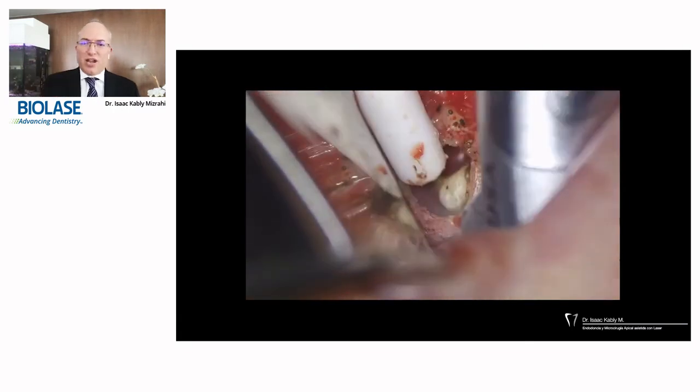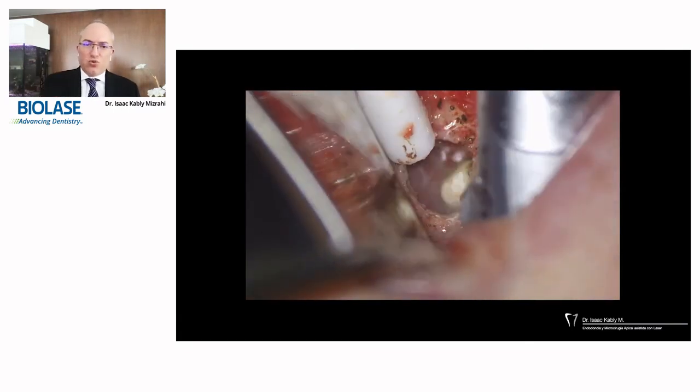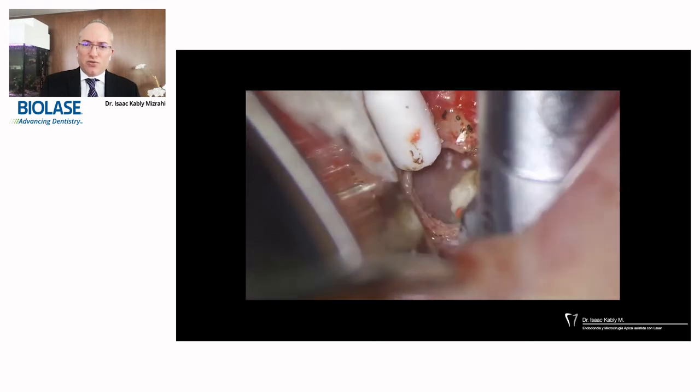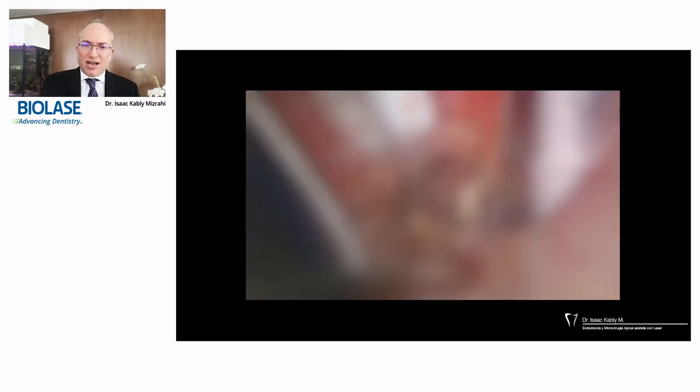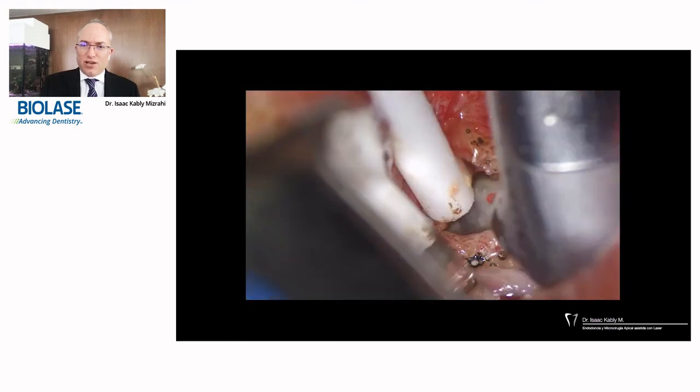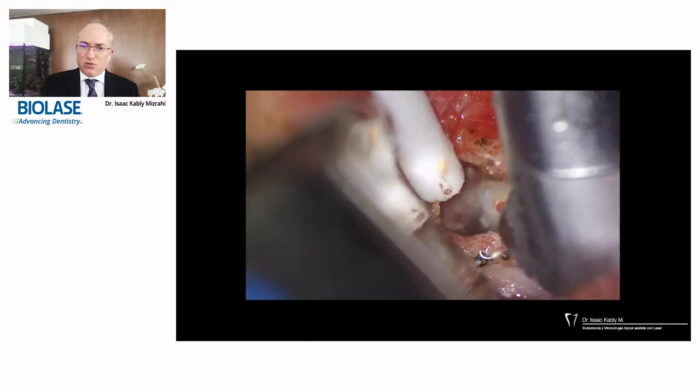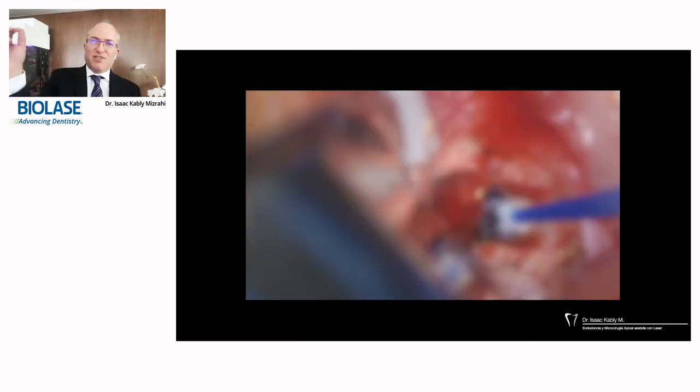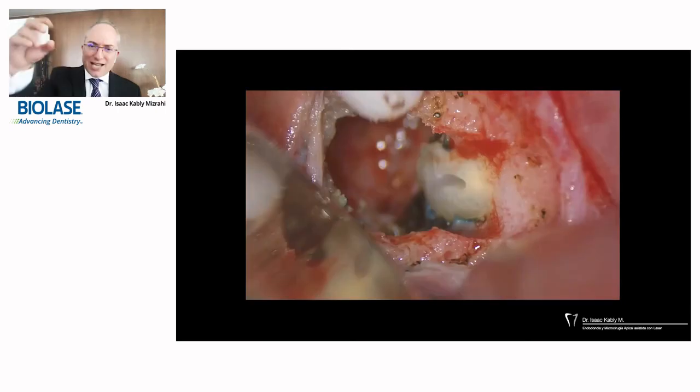And then with the Erbium Chromium YSGG, you perform your apicoectomy, and you clean the end of the root, you expose your gutta percha, and you still pass the laser in order to disinfect. Sometimes I use the 940 to go inside because of its flexibility, and then you prepare it.